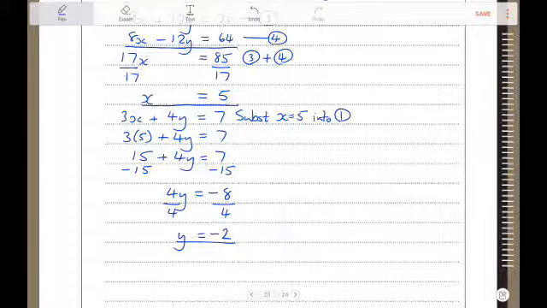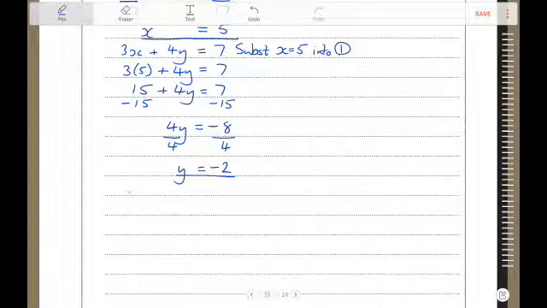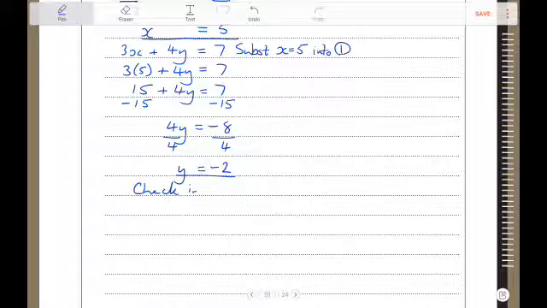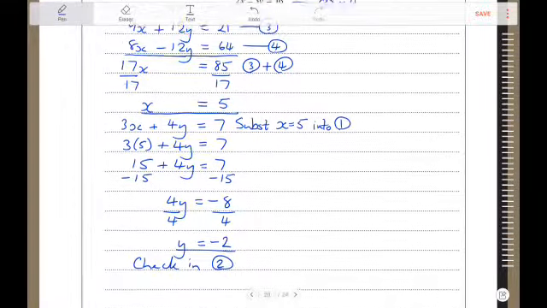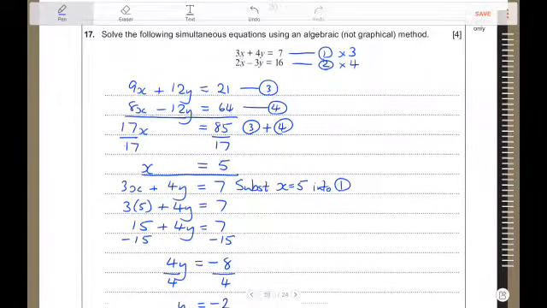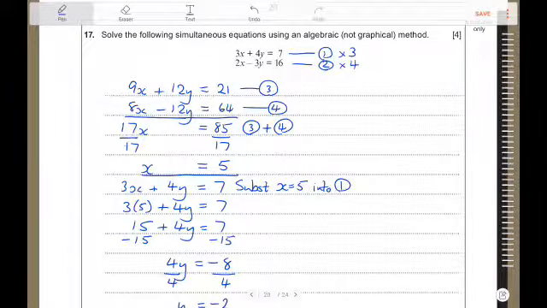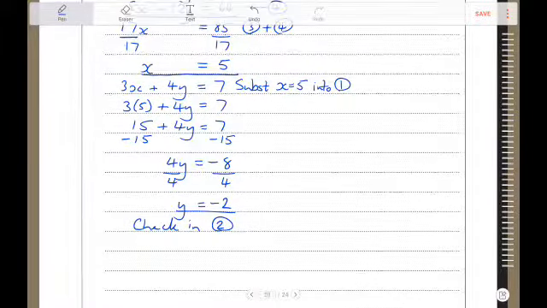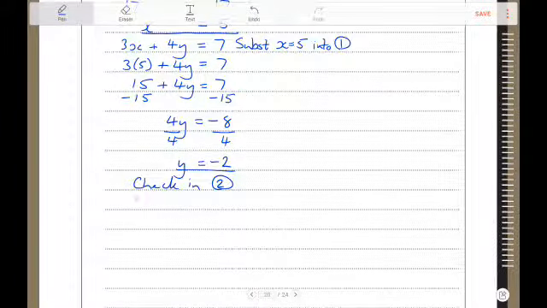But, just to be sure, I could do a check. Okay, and you should always do this check. Now I always check in equation 2. So, if we look at equation 2, we have 2x minus 3y is 16.